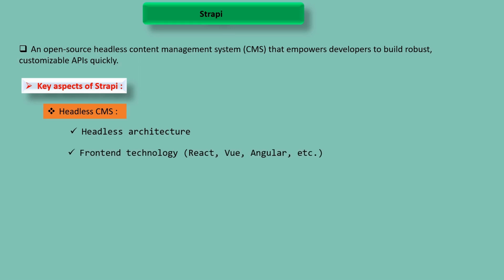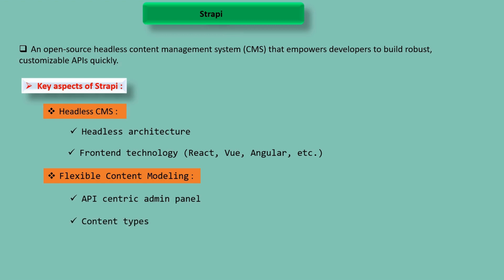Developers can use any front-end technology, React, Vue, Angular, etc., to consume content via Strapi's API. Flexible content modeling. Strapi allows developers to define and manage content types through a dynamic API-centric admin panel. Content types can include articles, blog posts, products, and more, each with customizable fields.